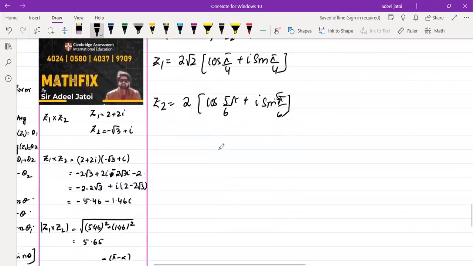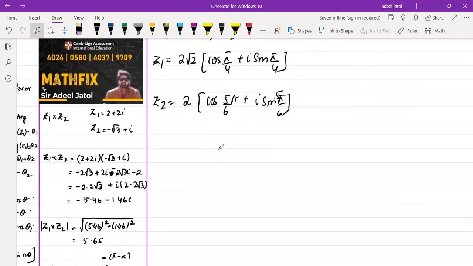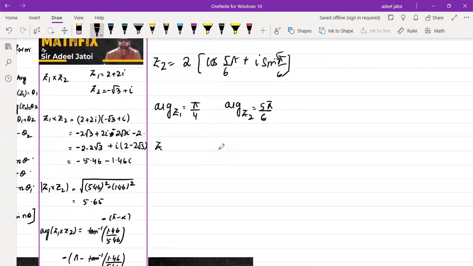Now, what we need to understand is that argument of z1 is pi upon 4 and argument of z2 is 5 pi upon 6. If I want to have z1 into z2, we can always have r1 into r2, or modulus of z1 multiplied by modulus of z2. So the modulus of z1 was 2 root 2 and the modulus of z2 was 2.